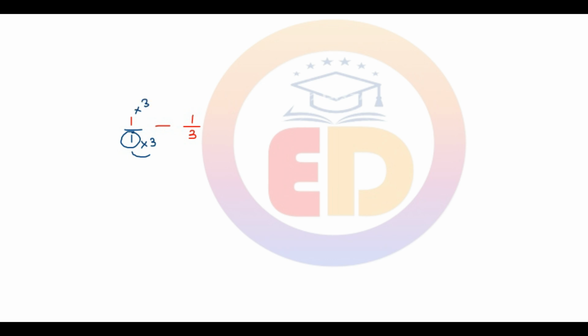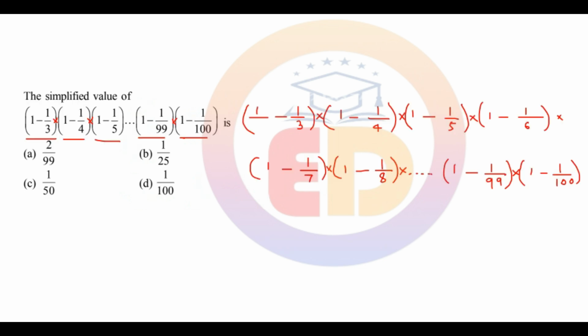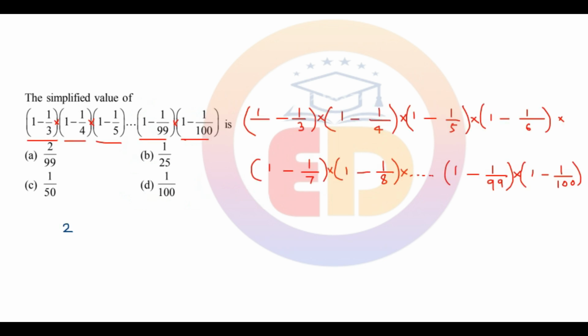This will be 3 upon 3 minus 1 upon 3, जो कि हो जाता है कॉमन डिनोमिनेटर 3 और न्यूमरेटर में आप 3 माइनस 1 कर दीजिए, वो हो जाएगा 2 अपॉन 3. तो फर्स्ट टर्म की वैल्यू 1 माइनस 1 बाई 3 की वैल्यू हो गई 2 अपॉन 3.